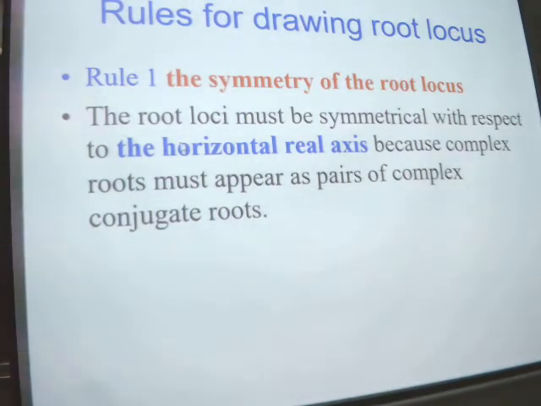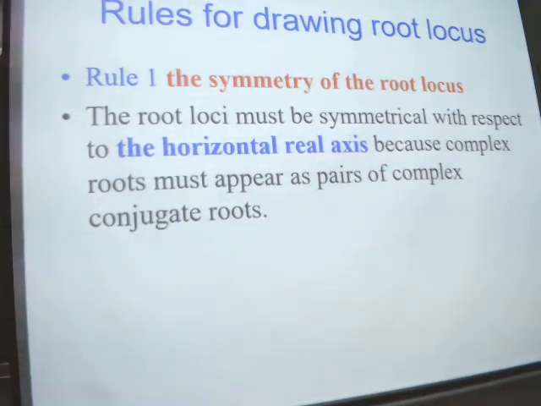The root locus must be symmetrical with respect to the horizontal real axis, because the complex roots must appear as pairs of complex conjugate roots.